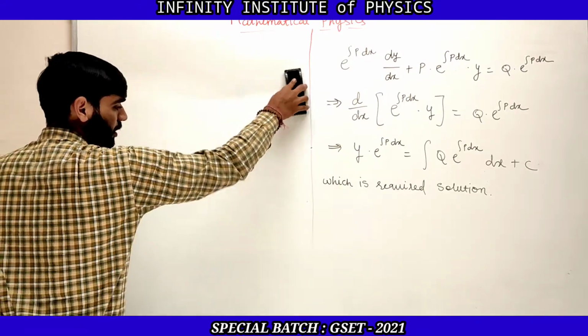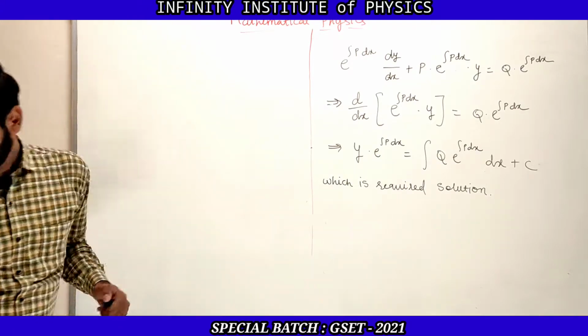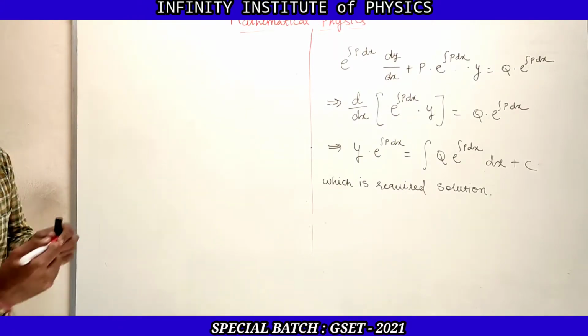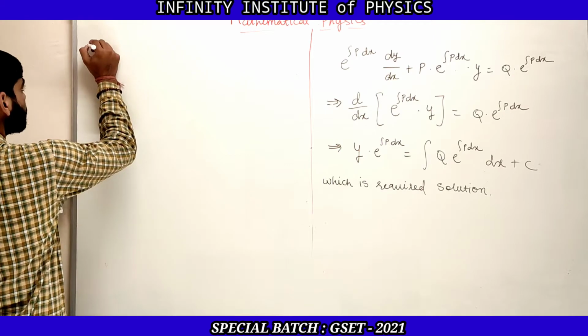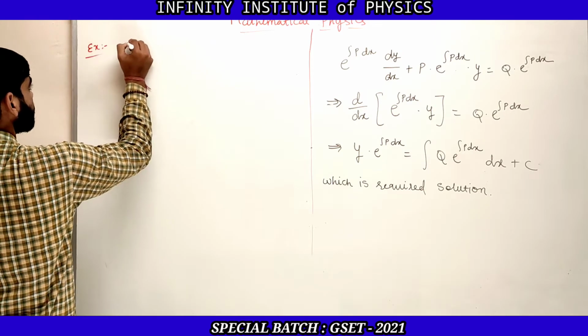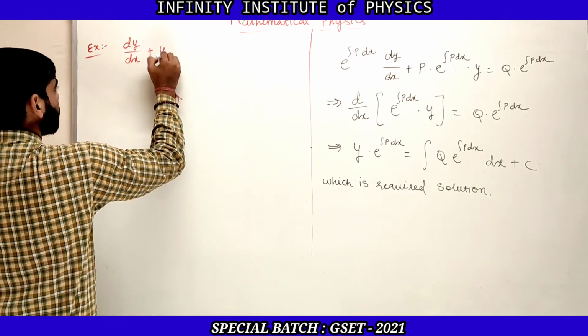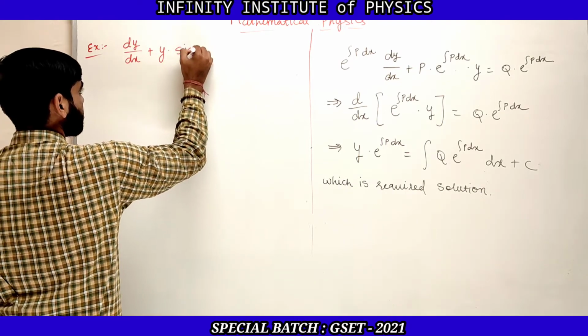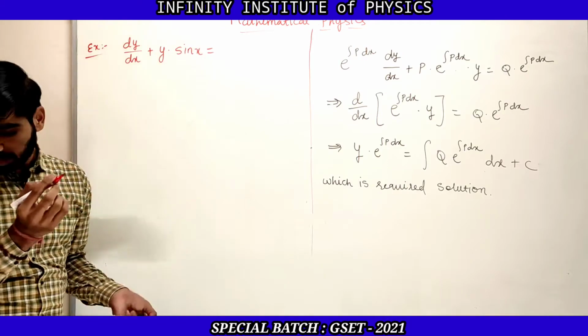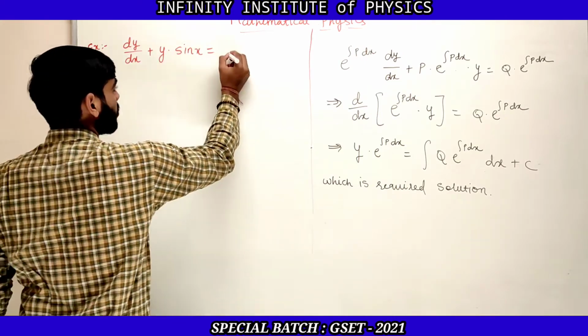That example is dy by dx plus y into sin x is equal to e raised to cos x.